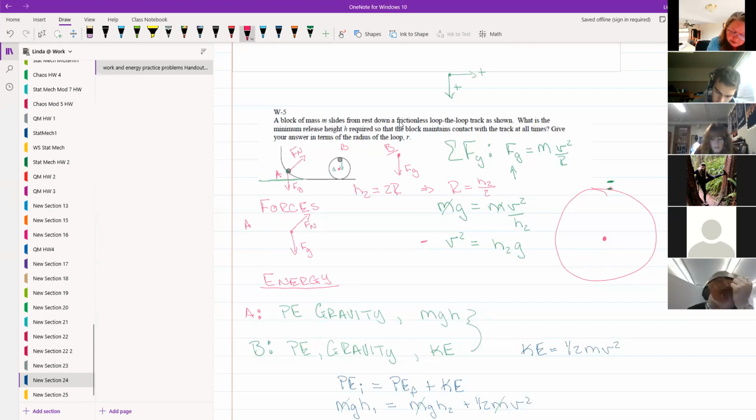So let's go ahead and fix this starting here. That I get g equals mv squared over r. So, oops, no m, we cancel that out. Equals v squared divided by H2 divided by 2. So equals 2v squared over H2.